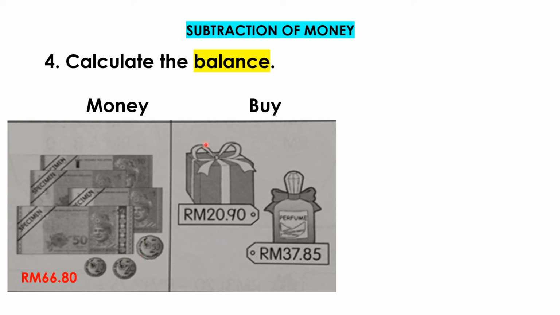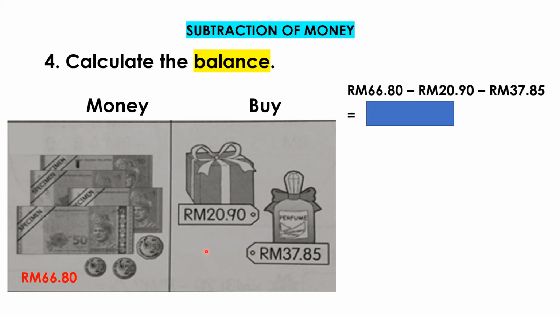So to find the balance, we have to subtract the amount that she bought from the total of the money. Okay, 66 ringgit 80 cent minus 20 ringgit and 90 cent, the present, and then minus 37 ringgit and 85 cent, the perfume.